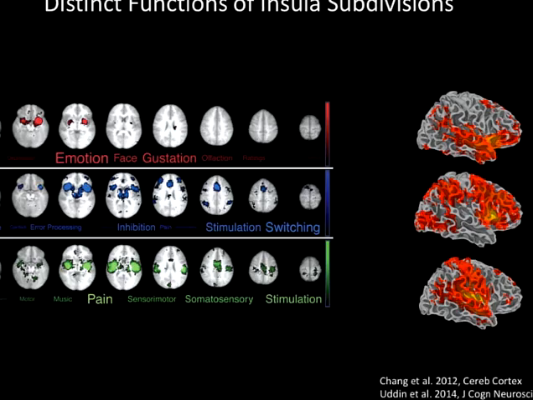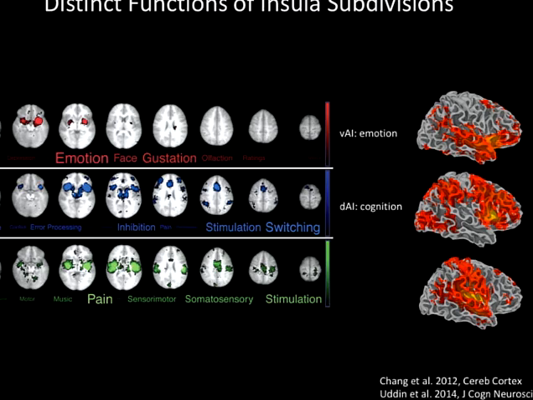So in this particular study, Chang, and then we later kind of follow this up with meta-analytic connectivity mapping. The idea is that you see these sort of reproducible profiles where the ventral anterior insula tends to be associated with emotional and affective processes, if you look across brain map databases, for example. And those regions of the ventral anterior insula tend to co-activate with limbic regions across a variety of tasks.